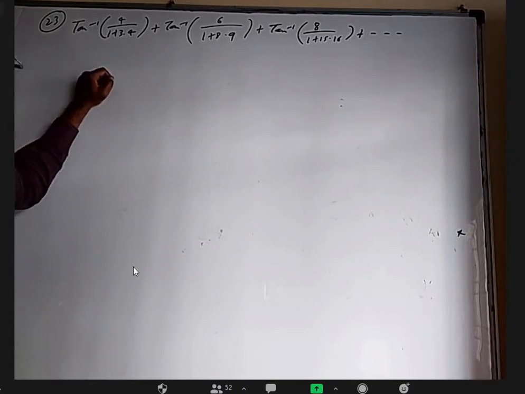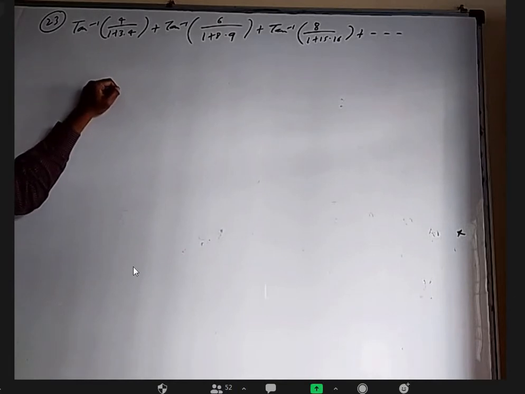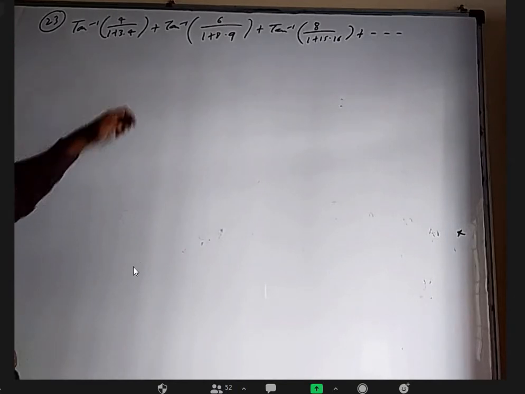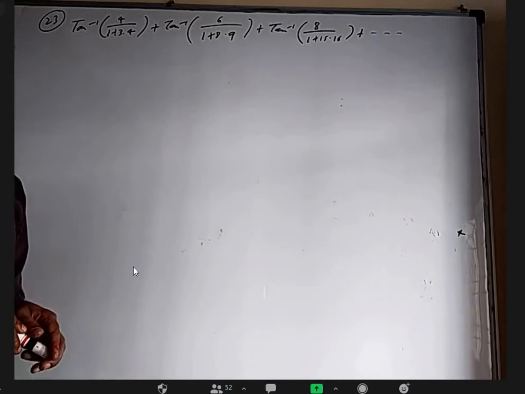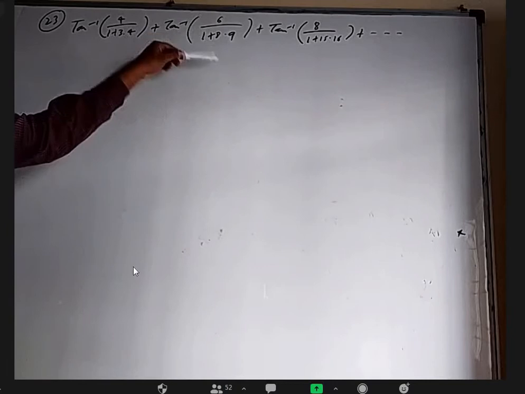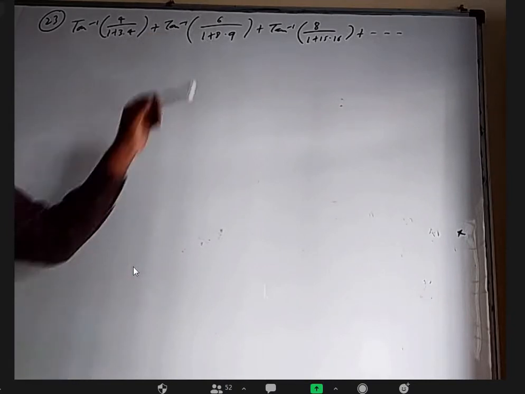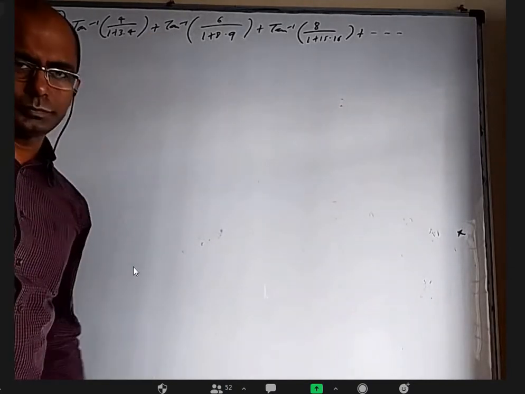The second term can be written as 12 minus 6 divided by 1 plus 12 into 6. Okay. So you want to rearrange this.